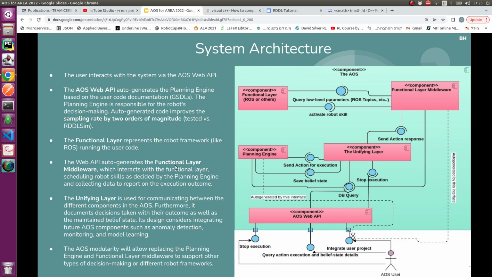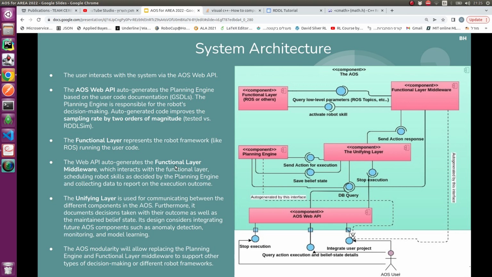Now the planning engine itself: we use PROMCP, but we are not limited to PROMCP, and we are still using sampling-based techniques. The reason we take the documentation of the skill behavior and place it inside the planning engine is that in this algorithm the sampling rate is very important.